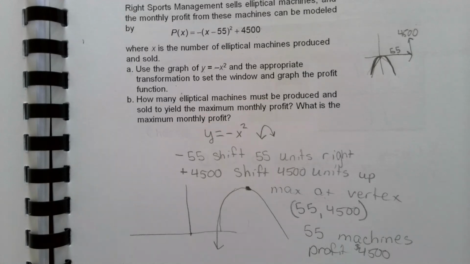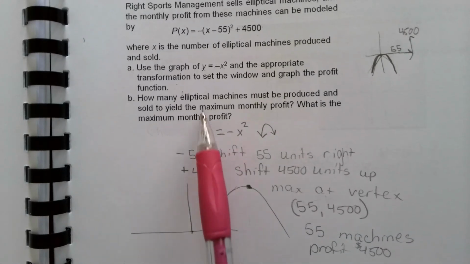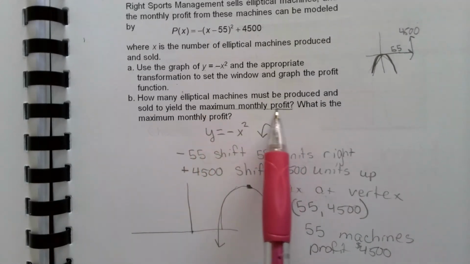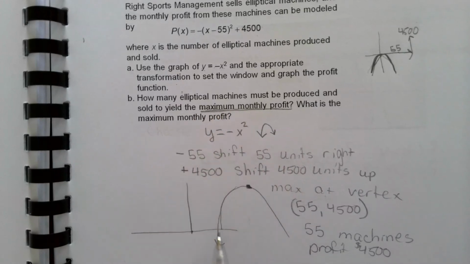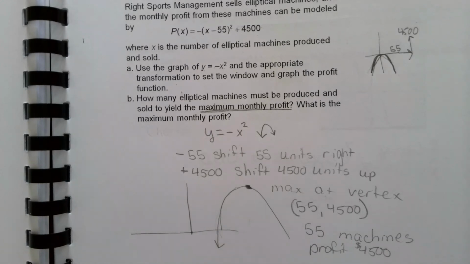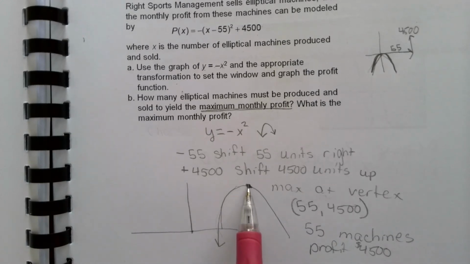Now question B says, how many elliptical machines must be produced and sold to yield the maximum monthly profit? Well, my graph is the profit graph. So if I want the maximum, that means I want the highest point. The highest point on this is at the vertex.